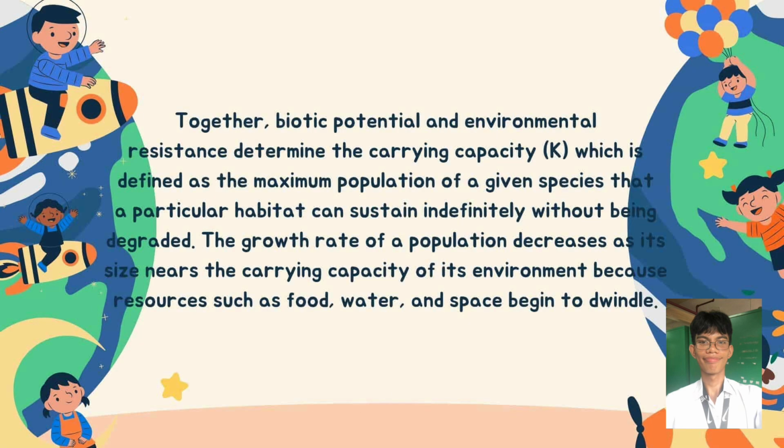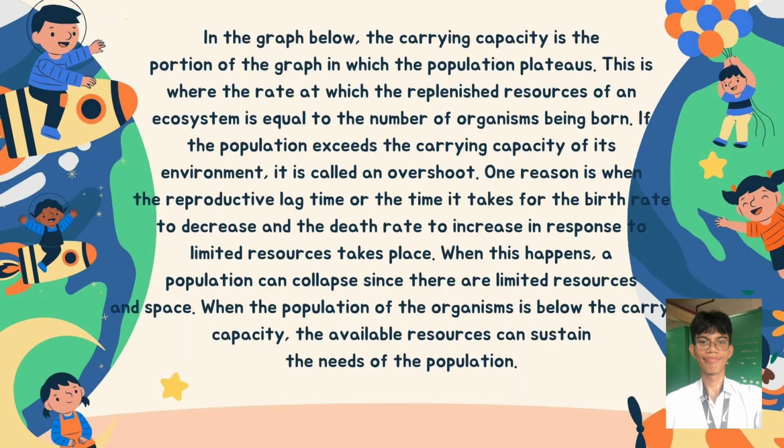Together, biotic potential and environmental resistance determine the carrying capacity K, which is defined as the maximum population of a given species that a particular habitat can sustain indefinitely without being degraded. The growth rate of the population decreases as its size nears the carrying capacity of its environment because resources such as food, water, and space are dwindling.